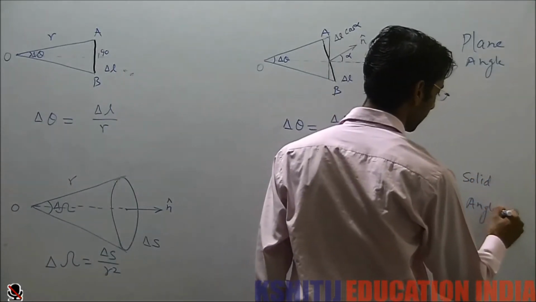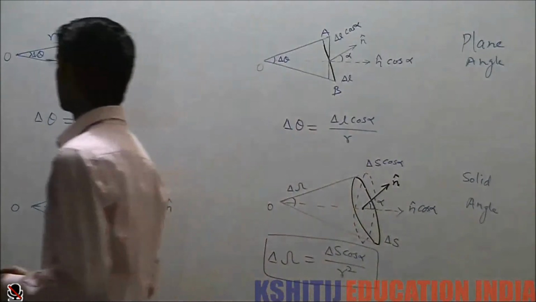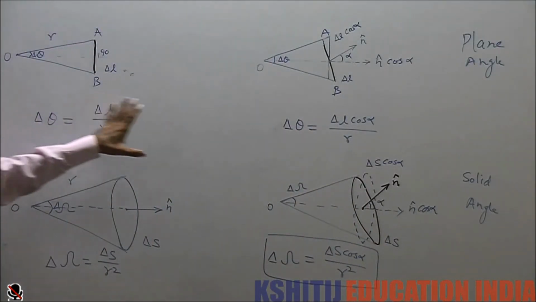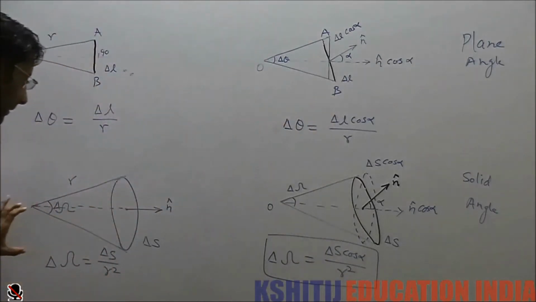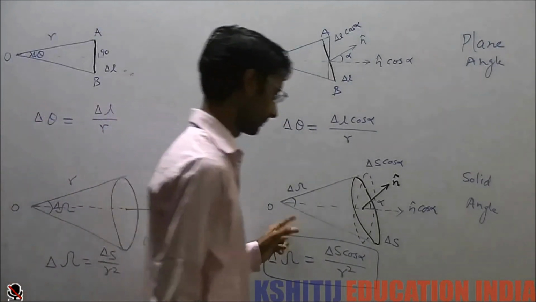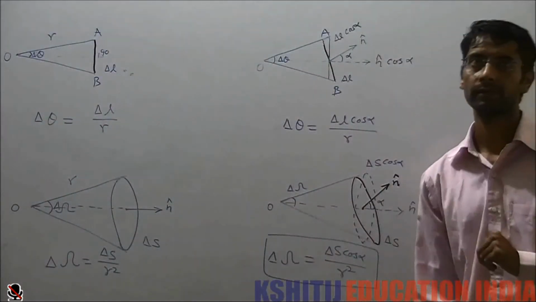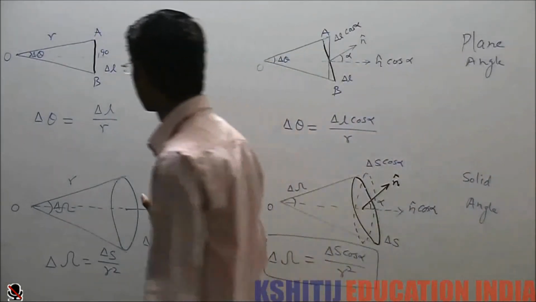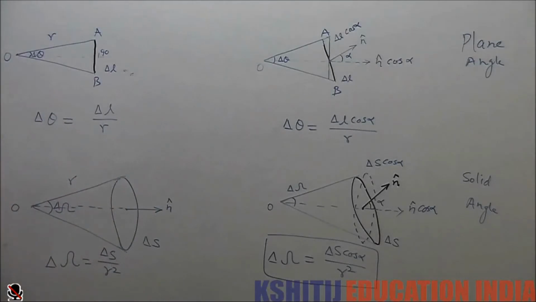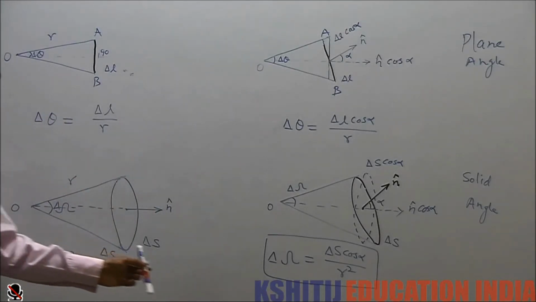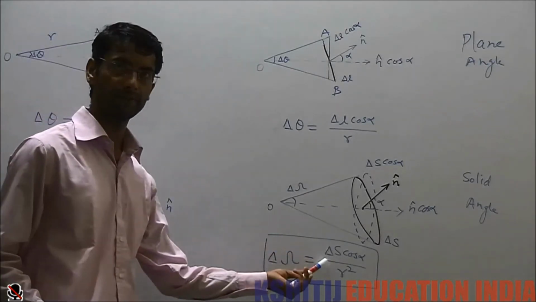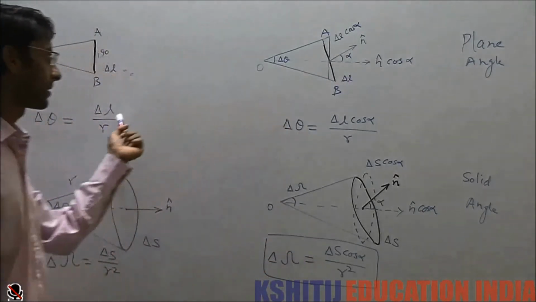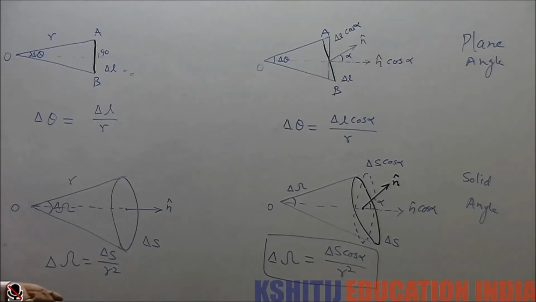Both are similar to a large extent. After understanding this, let's move ahead. So this is the final and generalized case that we need to remember. The rest is just supporting this discussion.